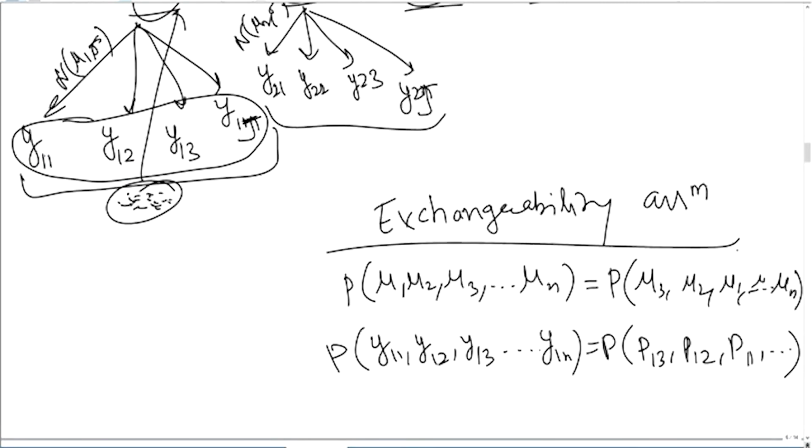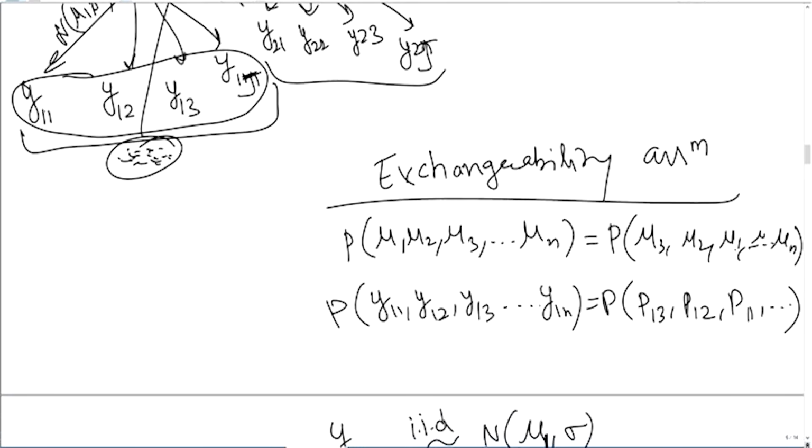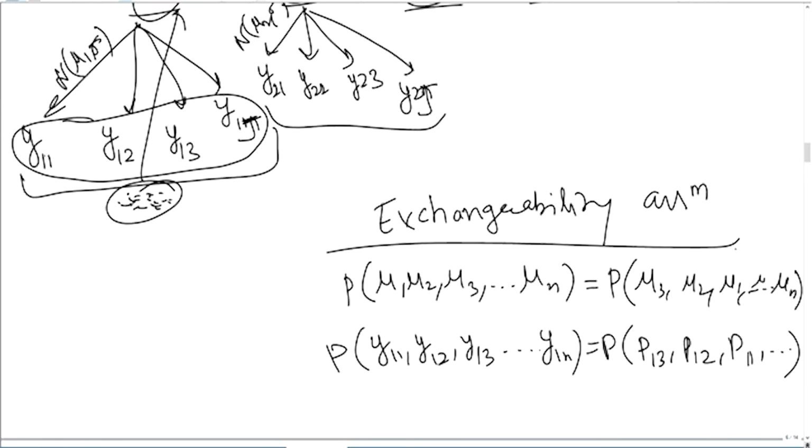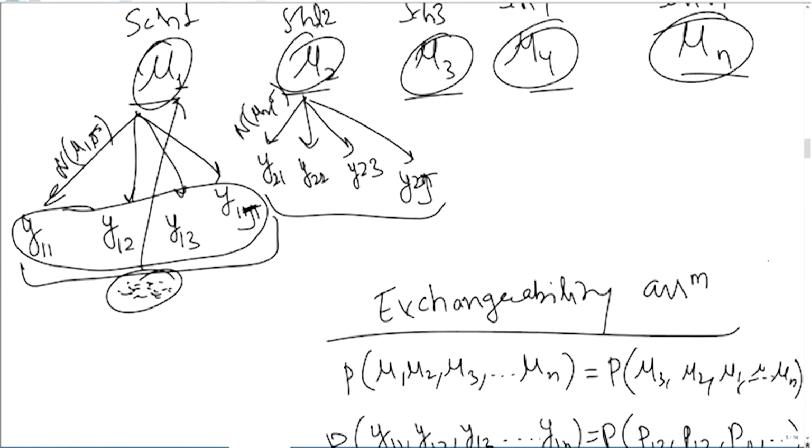So, all exchangeable random variables will follow the conditionally independent identically distributed assumption. So, this is a conditional assumption being followed. So, this exchangeability is actually a weaker version of the independent and identically distributed assumption, which says that the joint probability distribution wouldn't change even if you change the sequence of the random variables.